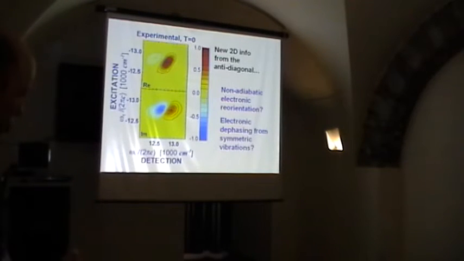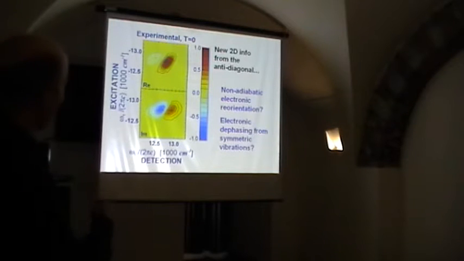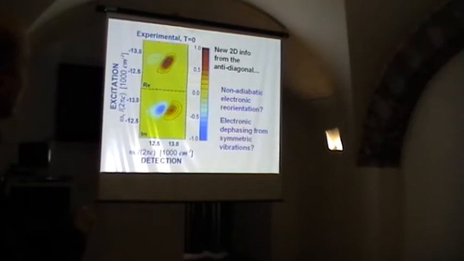And this is what the 2D spectra look like. They're plotted differently than in Greg Engel's talk. Excitation is here, detection is here, so that's a rotation about the diagonal. So in a sense, falling downward in energy means dropping this way.